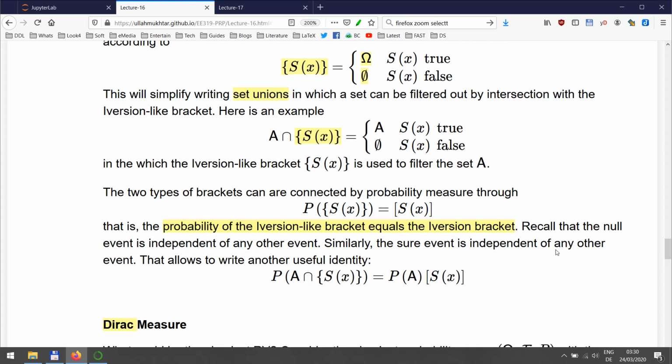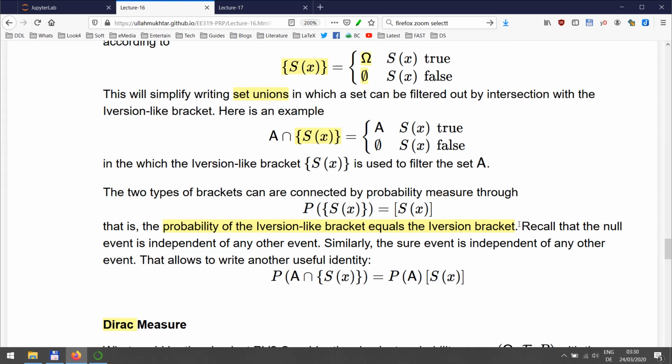Now there is even more to that. We observed in previous lectures the independence of events. If you remember, two events are independent if the probability of the intersection of those events is the product of probabilities. Now if you apply this rule to the null event, the null event is independent of any other event.